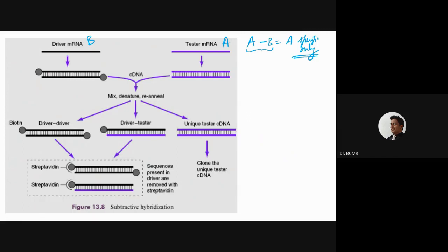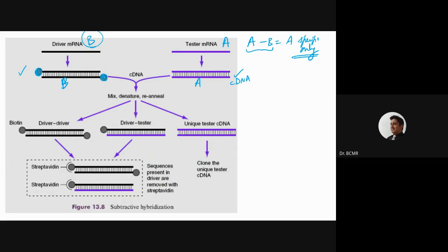What they do is make a cDNA library of driver mRNA, or cell type B. All the cDNA generated from it will have a biotin added to it, and the tester mRNA is also made into double-stranded cDNA.